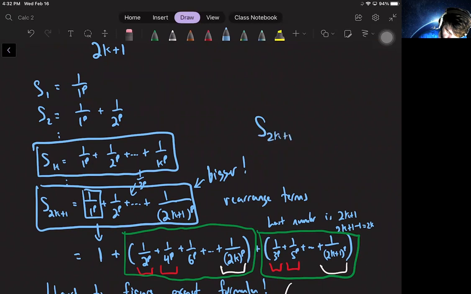So now what we're going to use next is the fact that this is bigger than just S_k.